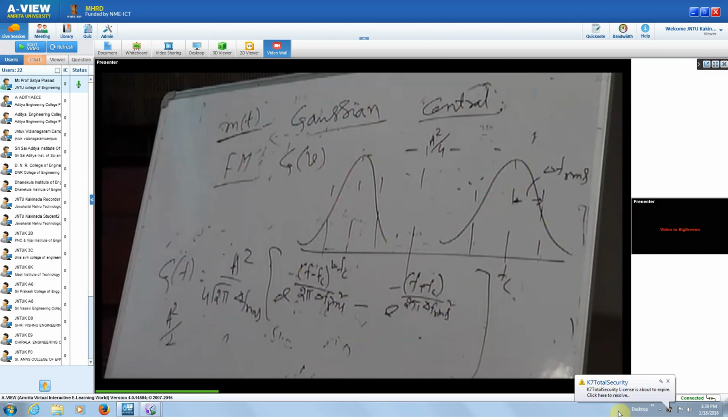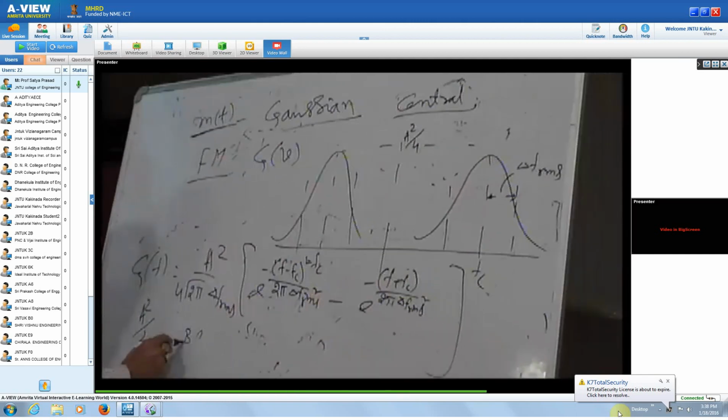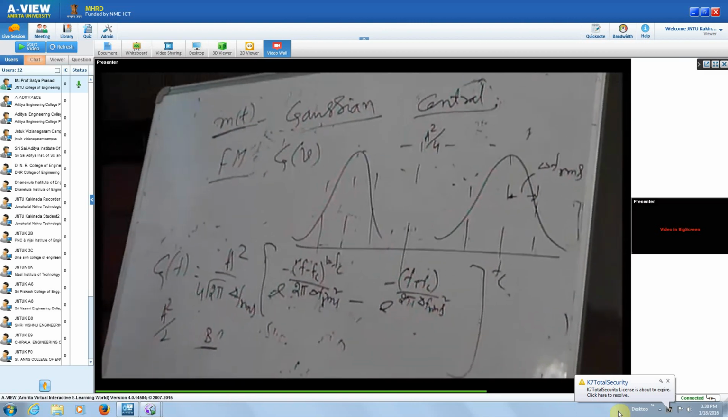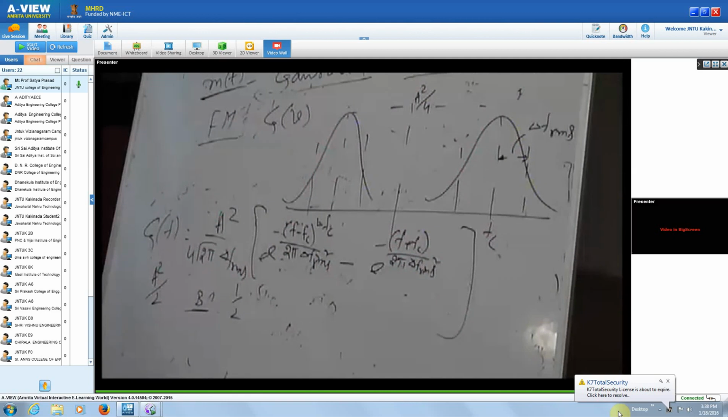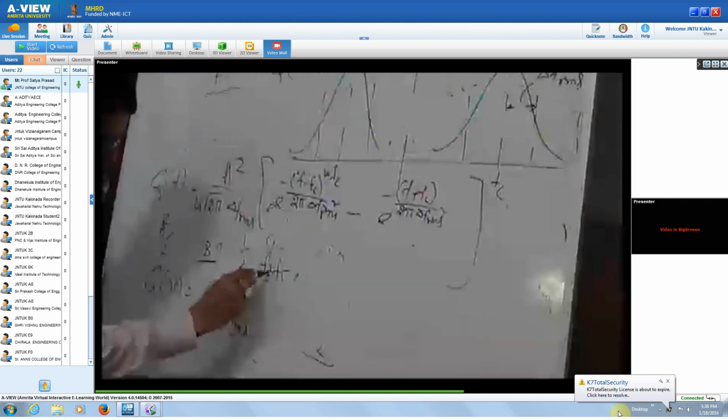This is the total power in the signal, right? And to have the bandwidth consideration, taking that into consideration, I'll write this as 1 by root 2 pi delta F RMS, F minus FC, plus or minus.